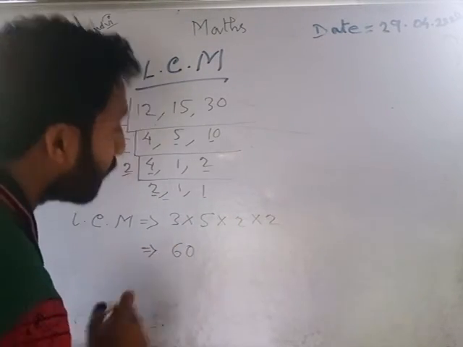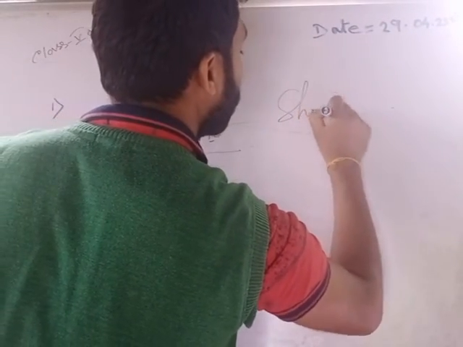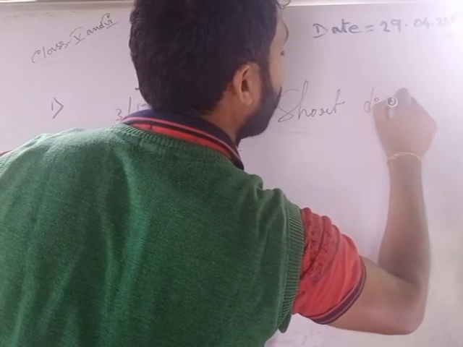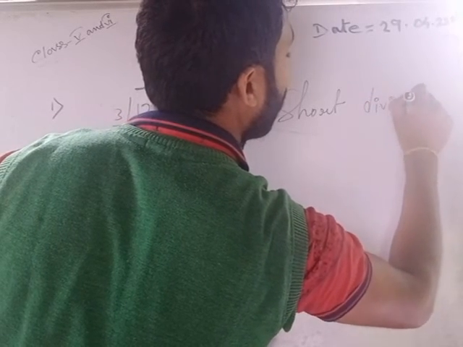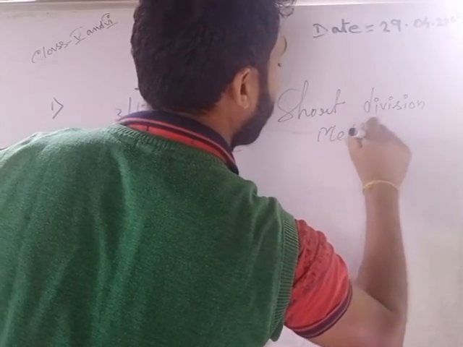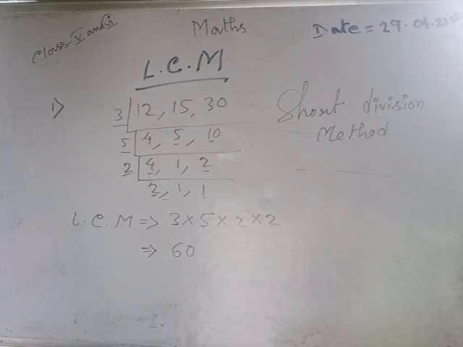That is also the same 60. This one is called the short division method, and the previous one is the prime factorization method.